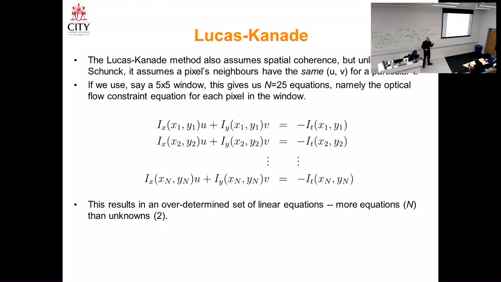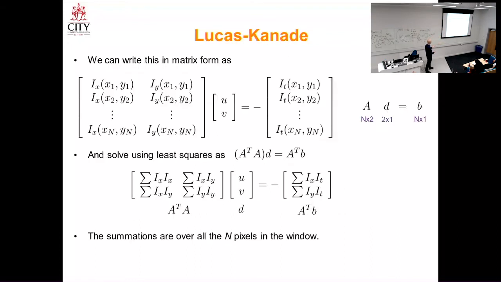How do you think we're going to solve this overdetermined system for u and v? What do you think? Any ideas? Least squares, yes. So least squares is a great solution for solving linear equations when you have an overdetermined system. And here we're just going to write it in matrix form.